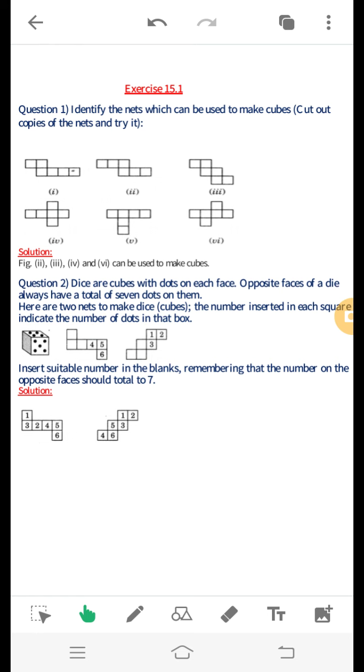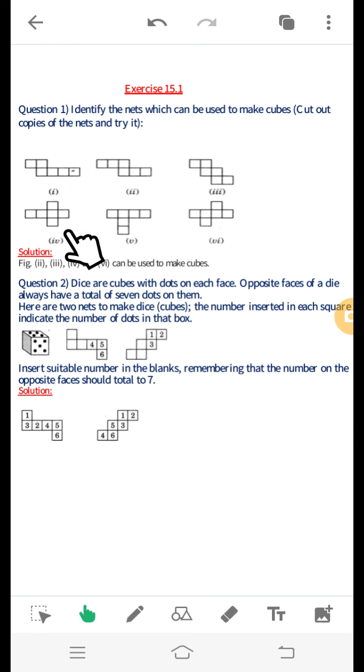So here we have to identify from the following nets from which we can make the cube. So you have to practically cut out this paper and then fold it and check from which we can make a cube.